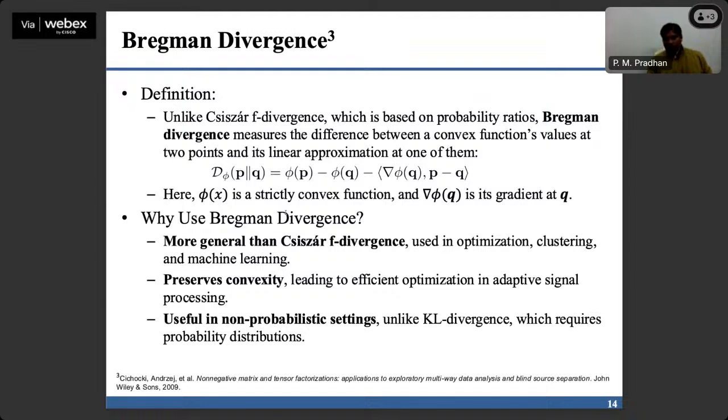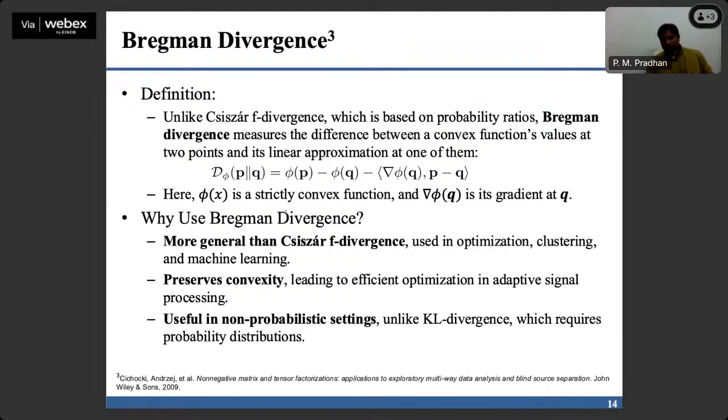And this Bregman divergence is useful because of the involvement of the gradient, that is for sure. It is also useful in non-probabilistic settings. For example, unlike your KL divergence, which requires probability distributions, in case you do not know the exact distributions of P and Q, even if you approximate them and use them for Bregman divergence, the cost function performs very well.